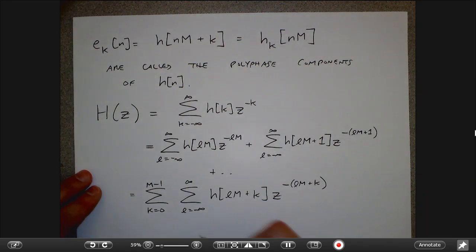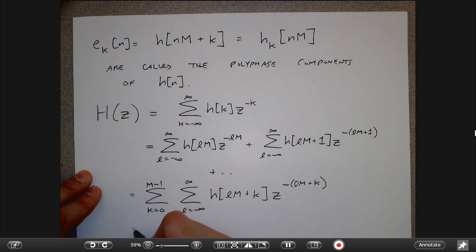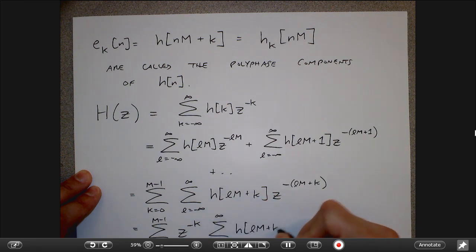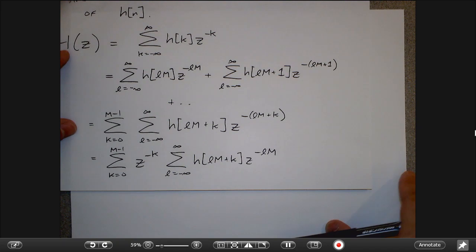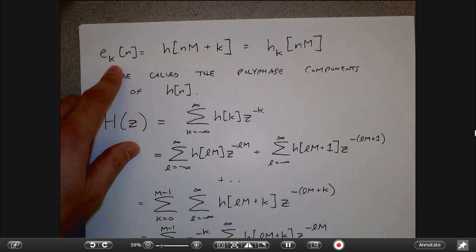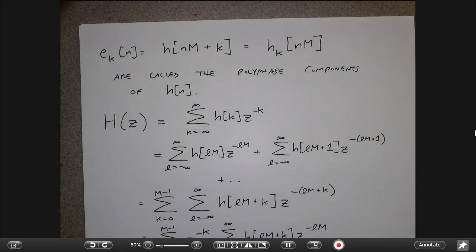So this is like saying, I'm going to take out this Z to the minus K. I'm going to have something like this, Z to the minus K. Then I have this guy here. And that's exactly the definition of the Z transform of this guy, just with multiples of powers of Z.